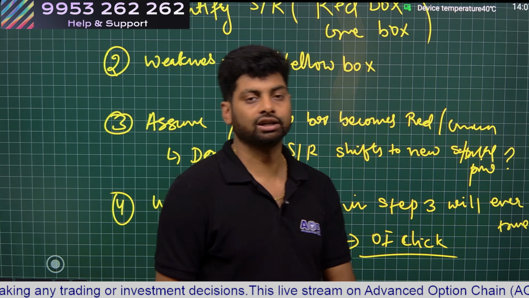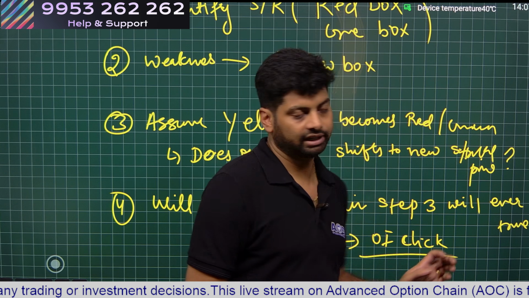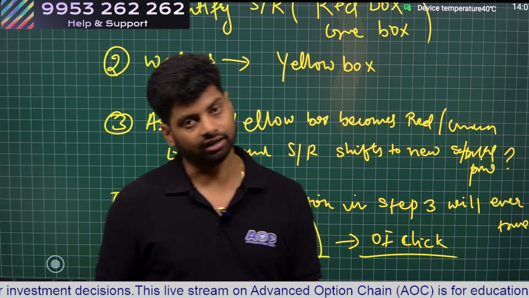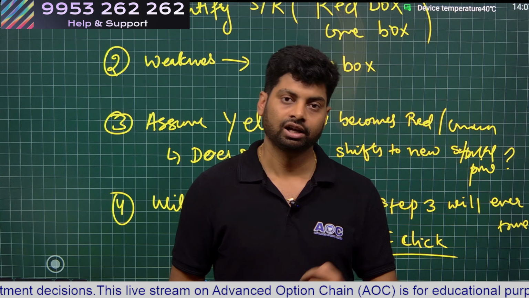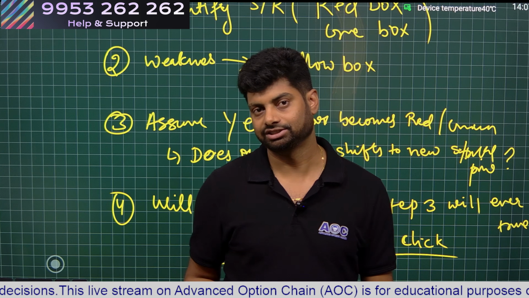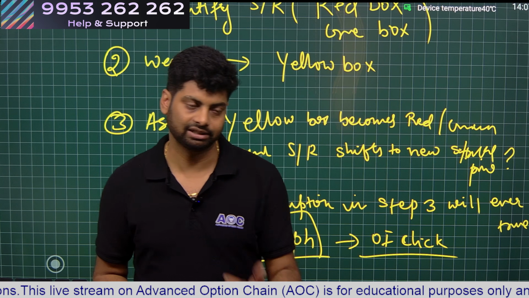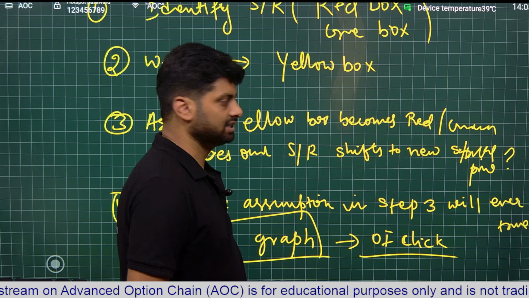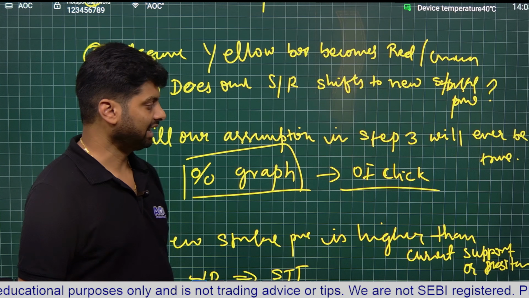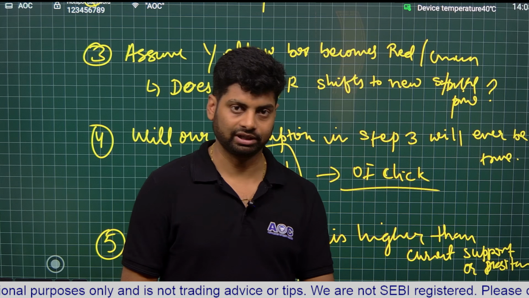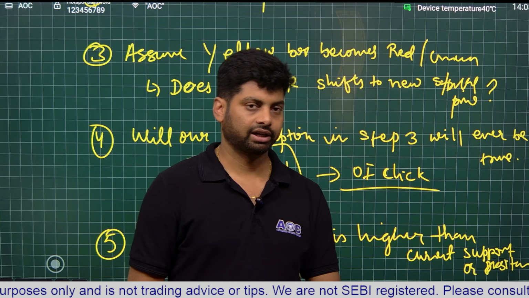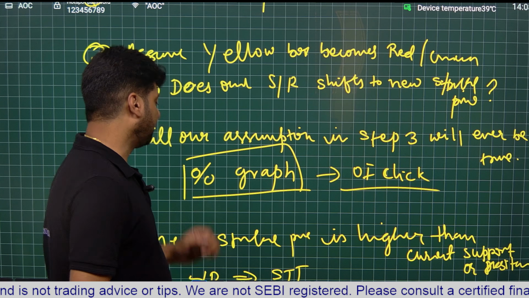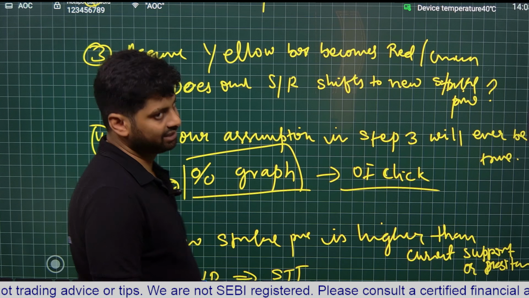If it is going to shift to any other strike price, then our support or resistance may be STT or STB based on the new strike price. If that strike price is higher, then our support or resistance will be STT. If that strike price is lower, it will be STB. That is, if the yellow box we are assuming becomes a red or green box, will it ever become red? To check that, we will check the percentage graph.